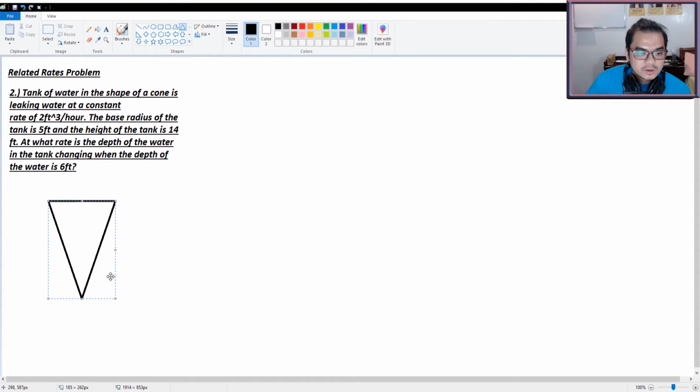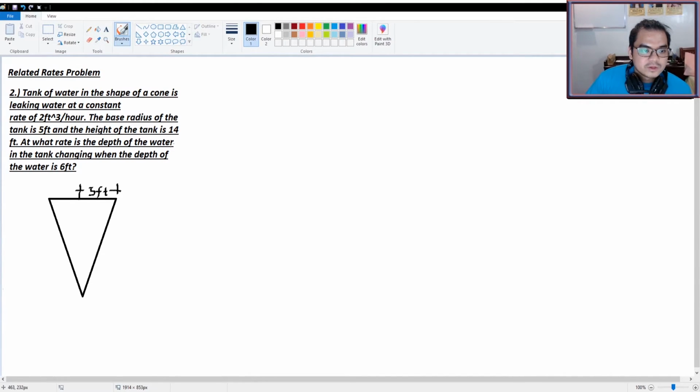Let's put it down here. Okay, so for that, we have the base radius of the tank is 5 feet. Therefore, if this is the base radius, this is the radius, right? So this is 5 feet.